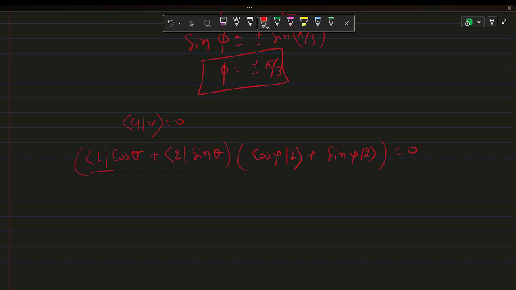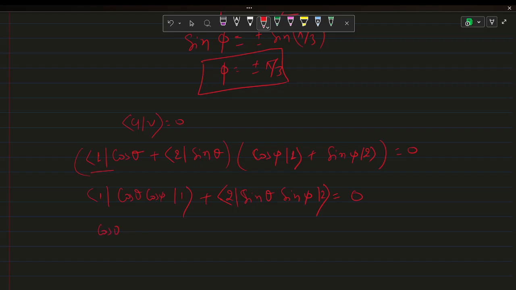So again, the cross terms will be 0. You can write cos θ cos φ ⟨1|1⟩ + sin θ sin φ ⟨2|2⟩ is equal to 0.